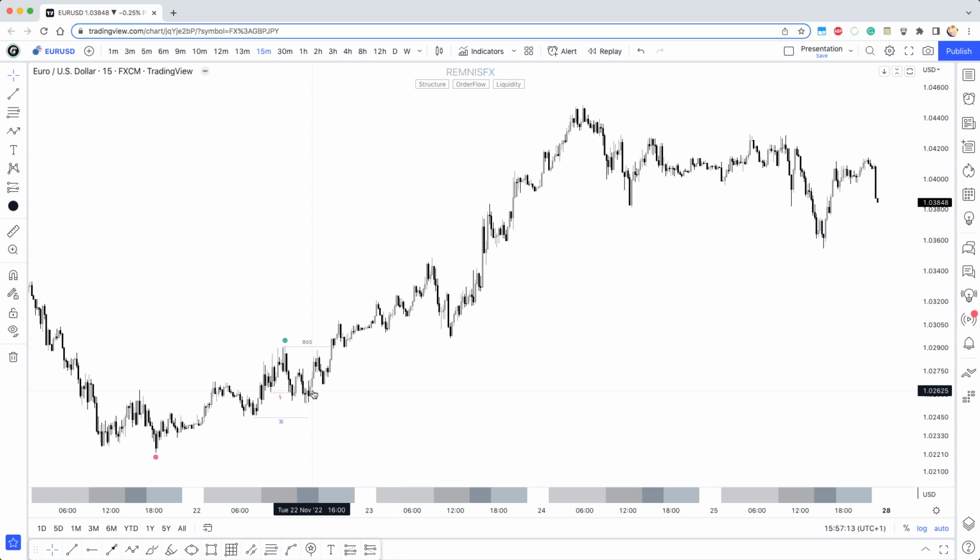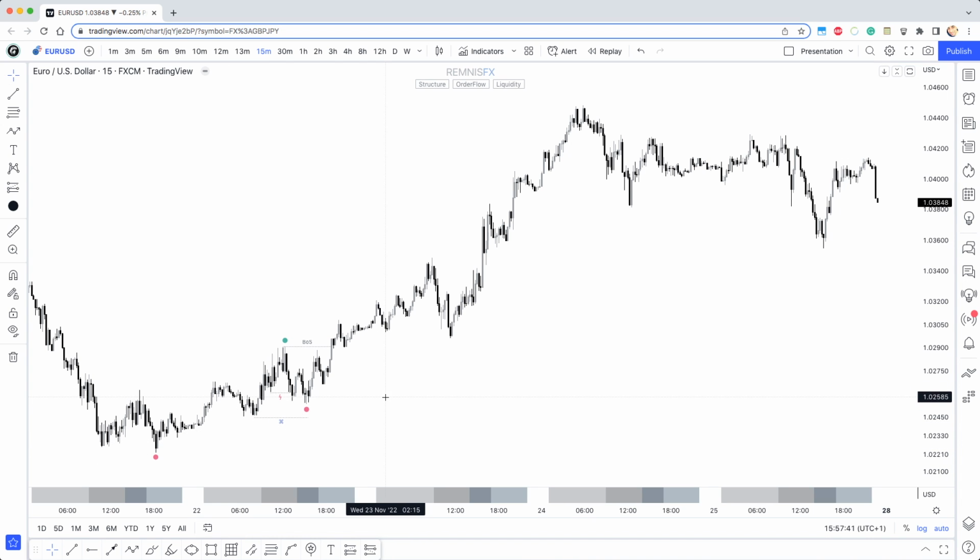And the next higher low would be this point here, because after the inducement or liquidity was taken out, this was your most recent or lowest point in this price action.